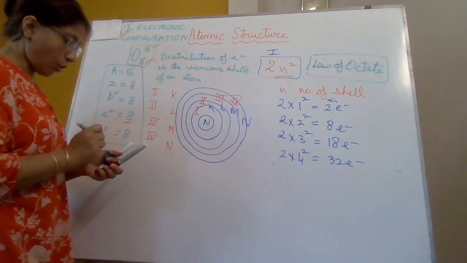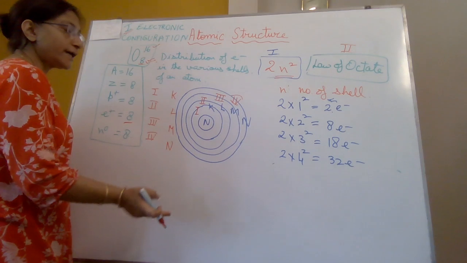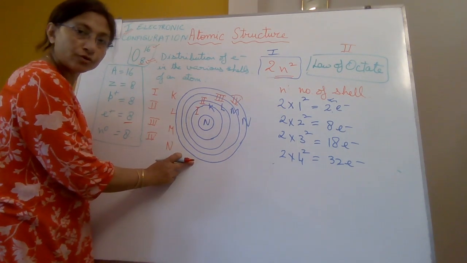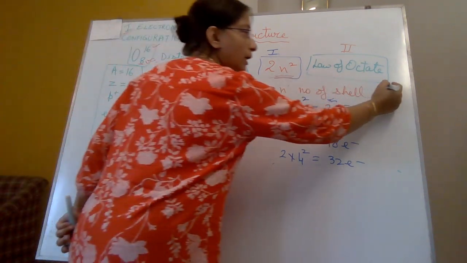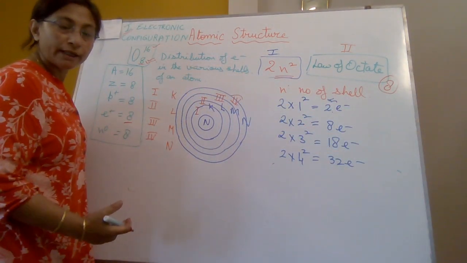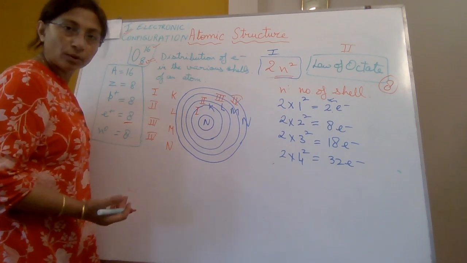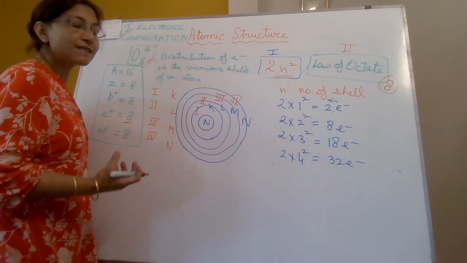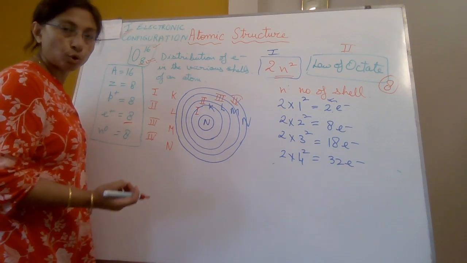The law of octet says that the valence electrons of any atom must be 8 in number, so that the atom can become stable and can acquire the stable electronic configuration of its nearest noble gas.